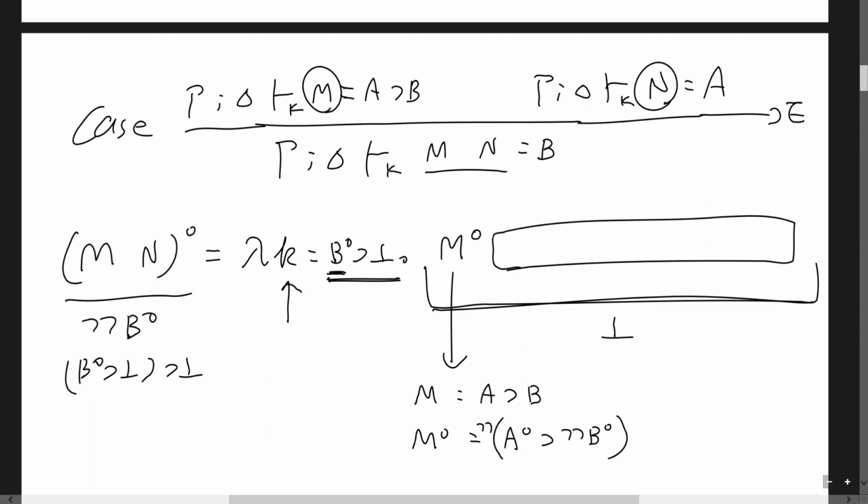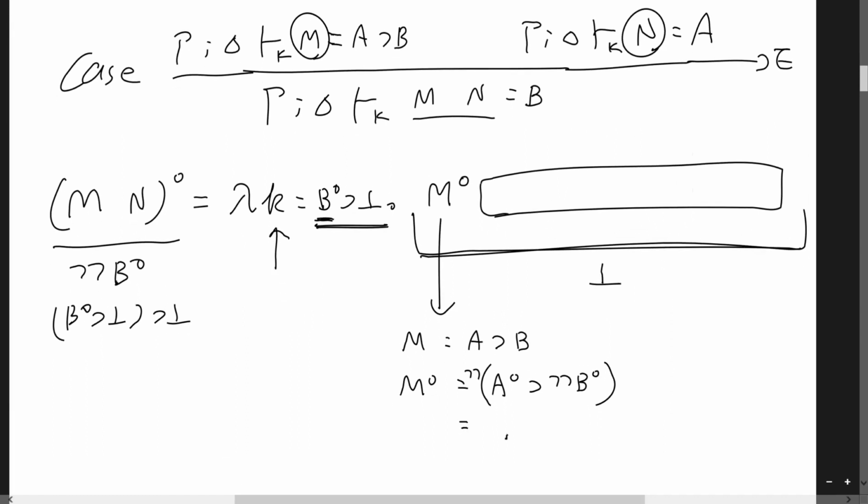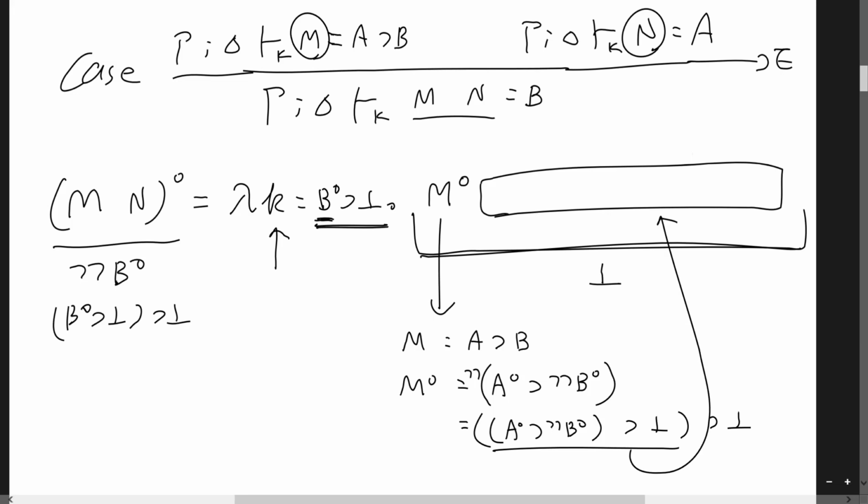So that is, it has a type A circle implies double negation B circle, implies bottom. So you only have to provide a function of this type here. So this is lambda x of type A circle implies double negation B circle, and then you have to find a proof term of type bottom.